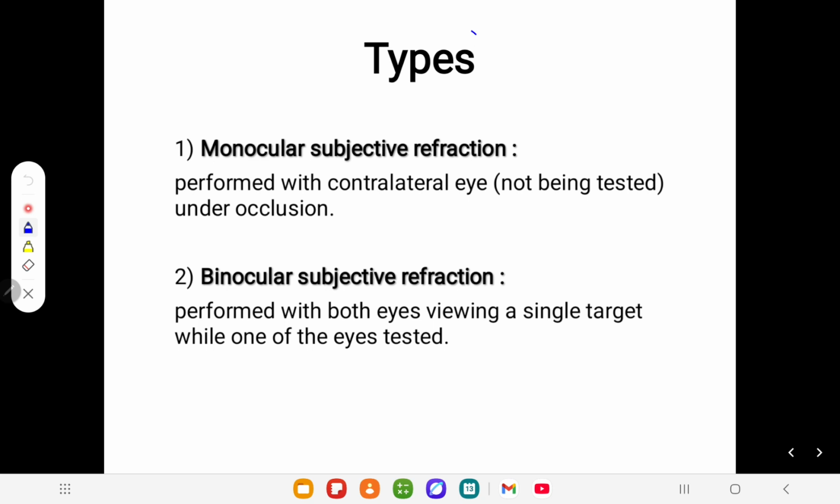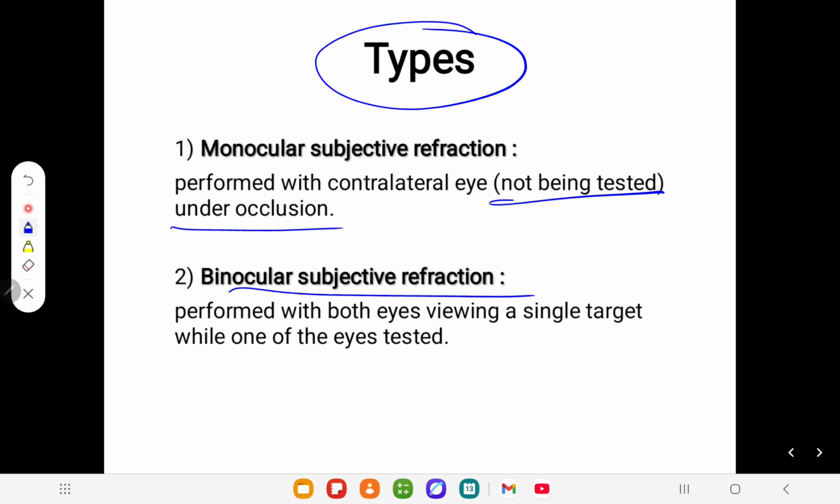Basically, if we talk about the types of subjective refraction, we talk mainly about monocular and binocular subjective refraction. Monocular subjective refraction is performed with the contralateral eye not being tested. Only one eye is tested, and the other eye is occluded. But binocular subjective refraction is quite tricky. It is performed with both eyes viewing a single target while one eye is tested.